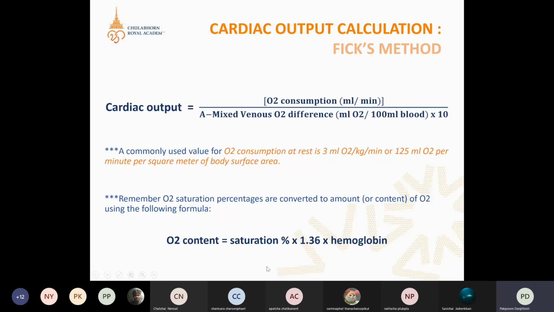So in this equation, remember that if you want to use the Fick method to calculate the cardiac output, you require two things from the lab: percent oxygen saturation and hemoglobin.